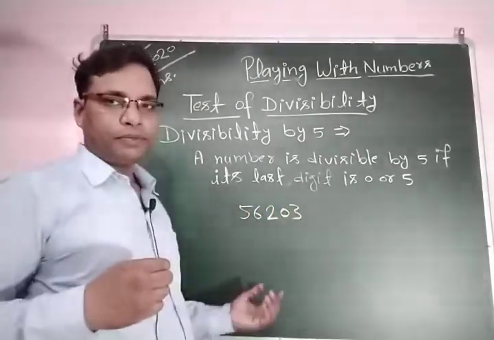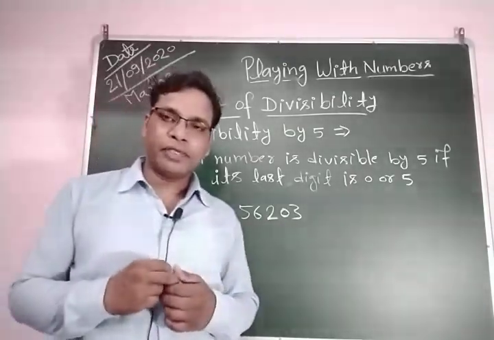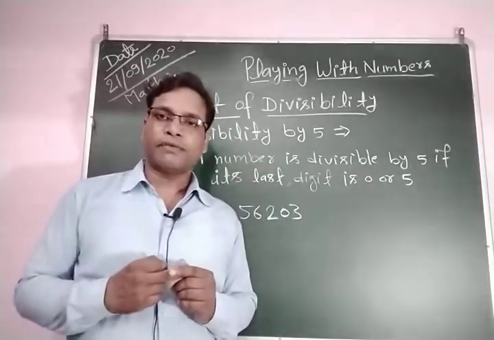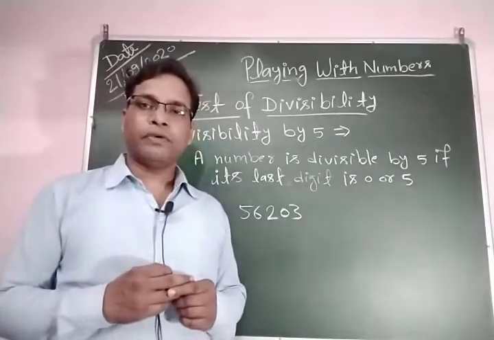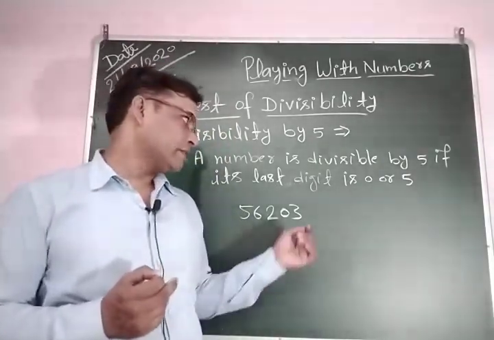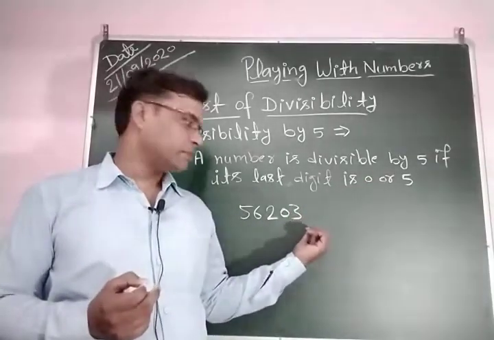Tell me whether this number will be divisible by 5 or not according to the divisibility test of 5. According to the divisibility test of 5, a number is divisible by 5 if its ones digit, or last digit, is 0 or 5. But here you can see the digit is 3, not 0, not 5. So this number is not divisible by 5.